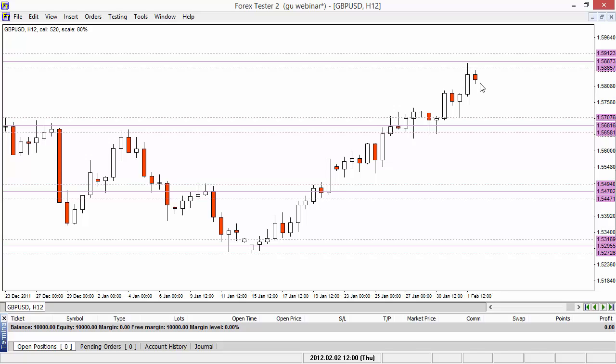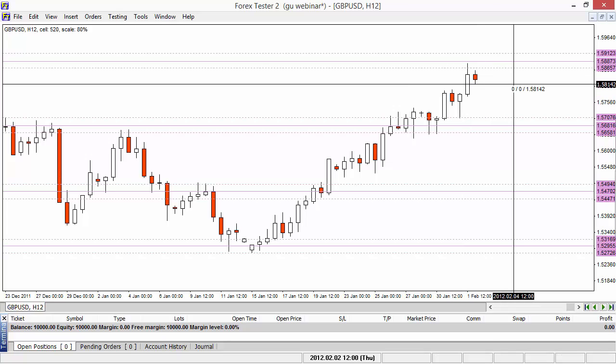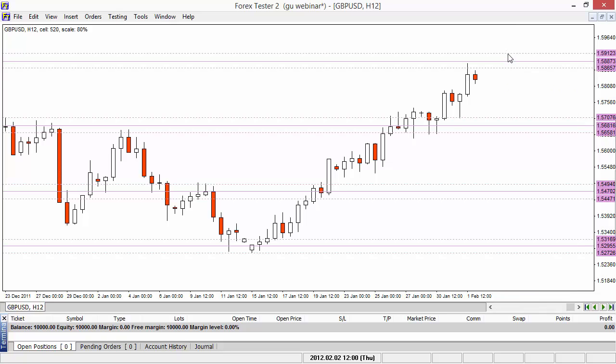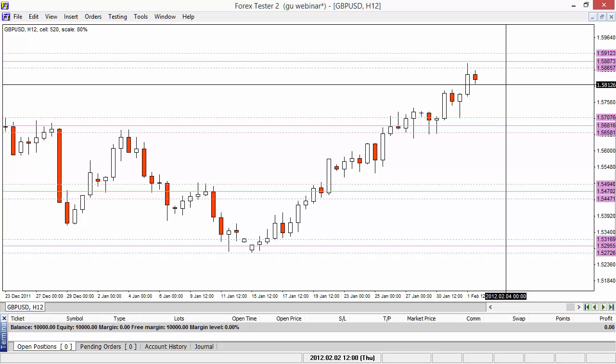So this is not a setup that I would actually take, but I know a lot of people, especially people who are new to my strategy, would see this as a viable setup because you're getting indecision close to an area of resistance. But I wouldn't take this, because by the time I get in, price is going to be down here at the 158.14. So the resistance area is up here at the 158.90.